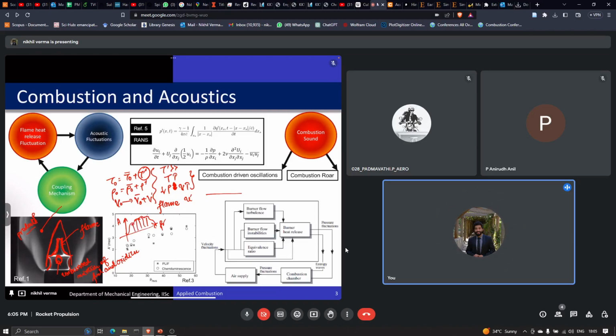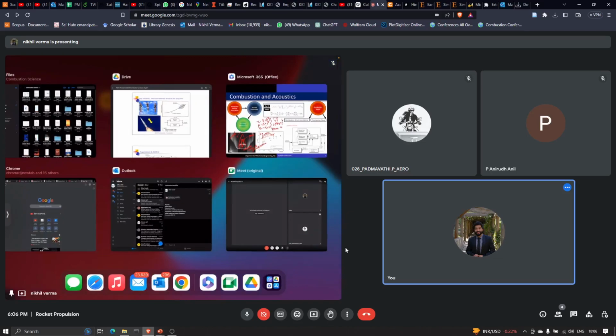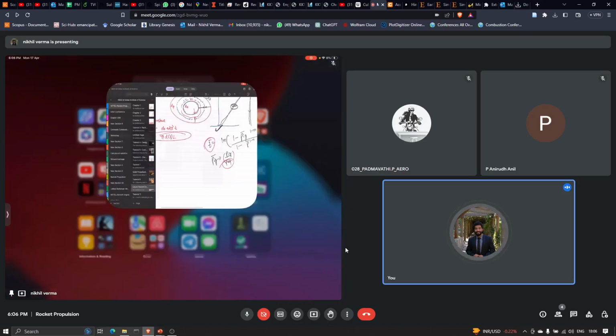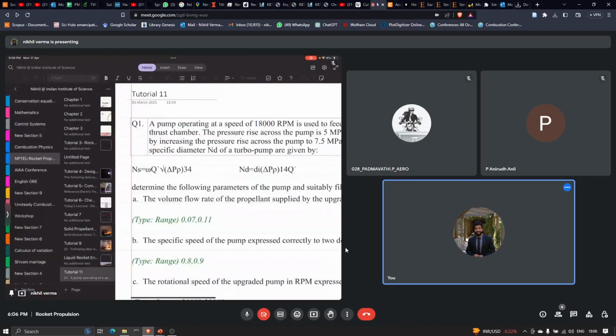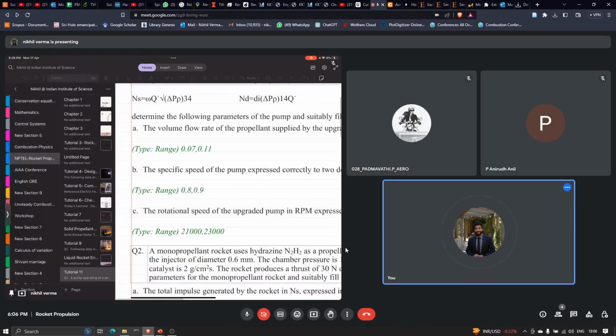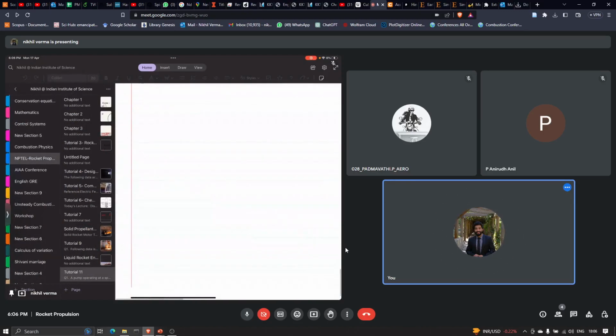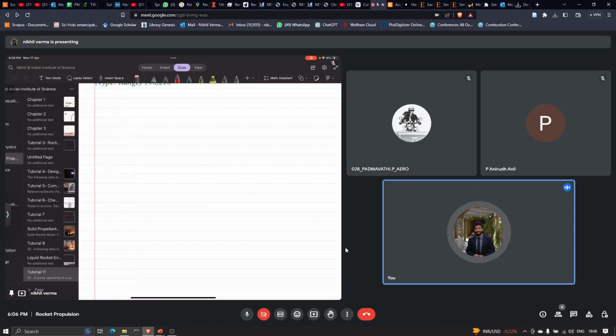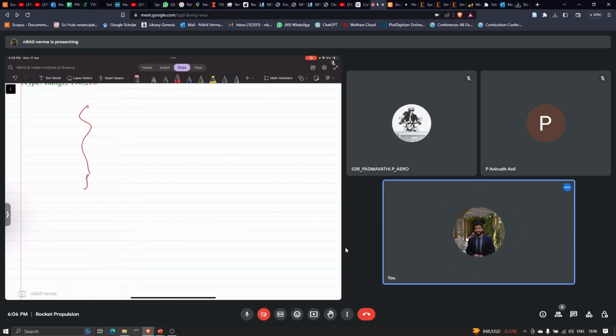Okay, now we have a rocket engine. Let me use my OneNote. So we have seen that a flame can be assumed as a source of sound.